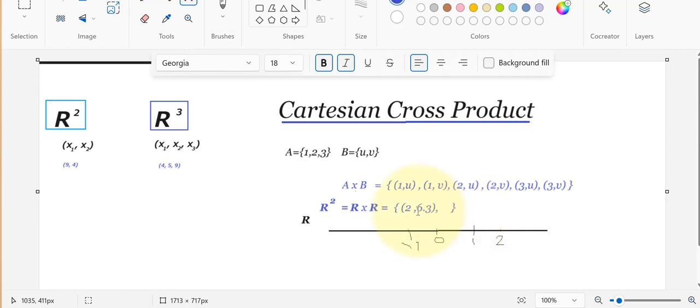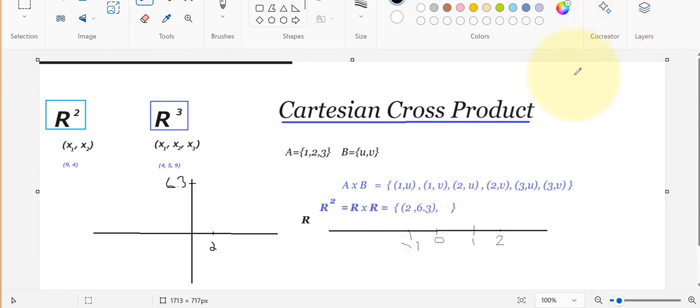Now, with each ordered pair, we can draw the Cartesian plane, or the xy plane. All the elements in here are ordered pairs, so we can think of them as points in the xy plane. And we're going to get every possible point in the xy plane when we do this.